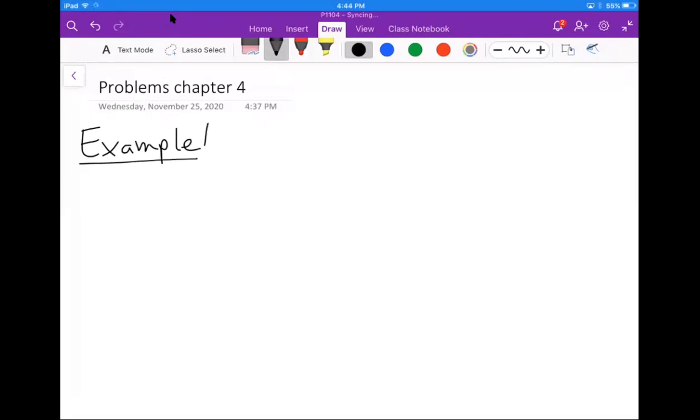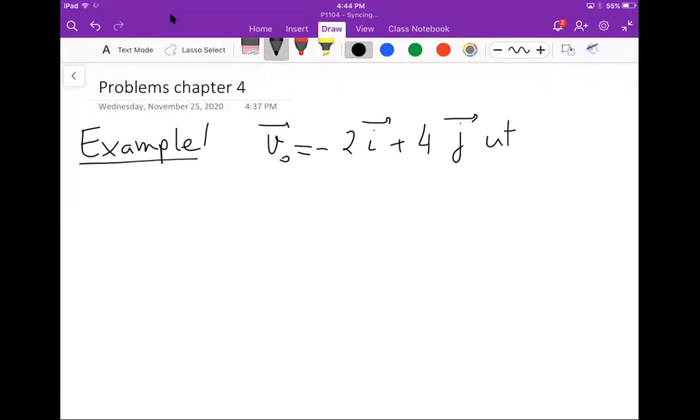We have a particle with a velocity v0 equals minus 2i plus 4j. All of this is at the time t equals 0.